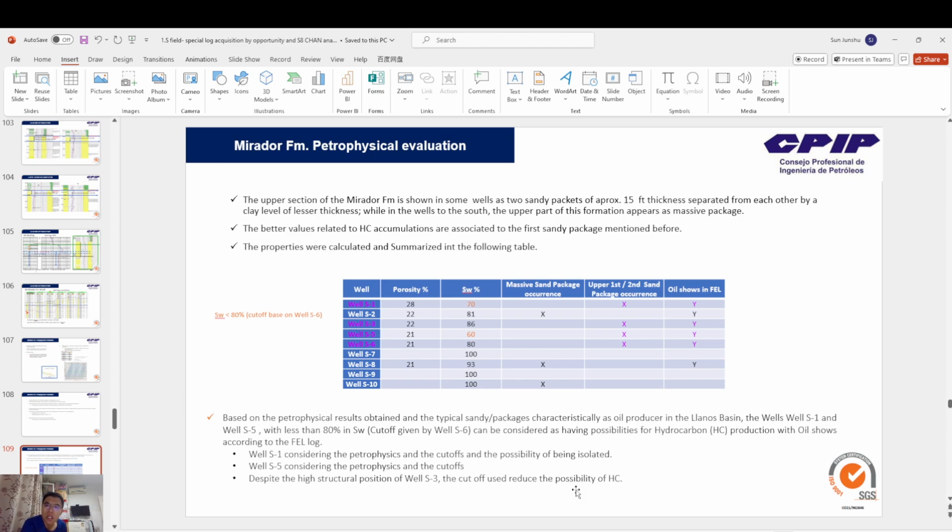The upper section of the Mirador Formation is shown in some wells as two sandy packets of approximately 15 feet thickness, separated from each other by a clay level of less thickness, while in the wells to the south, the upper part of this formation appears as a massive package.